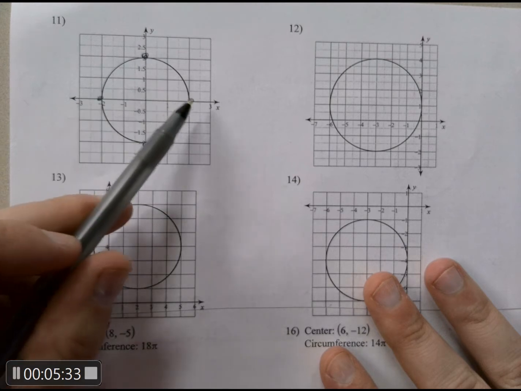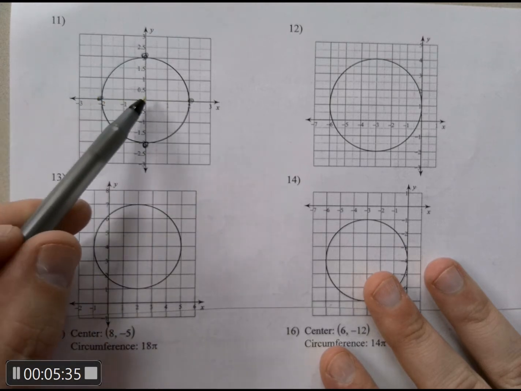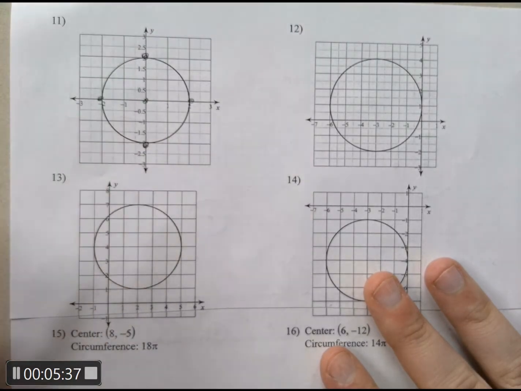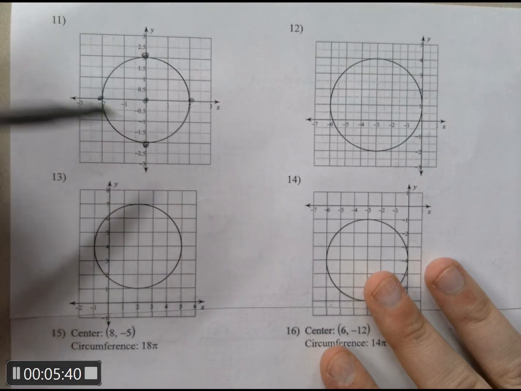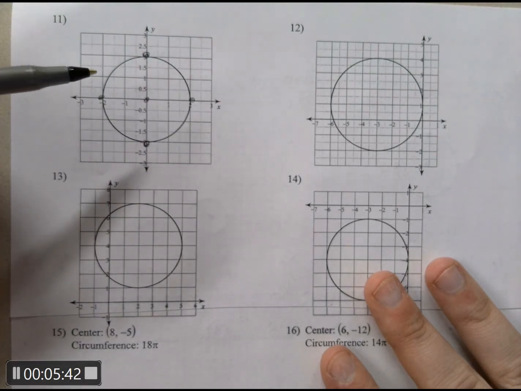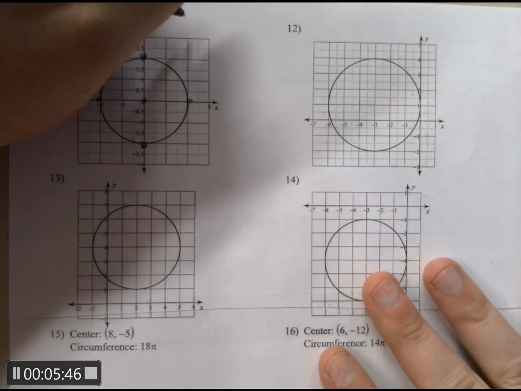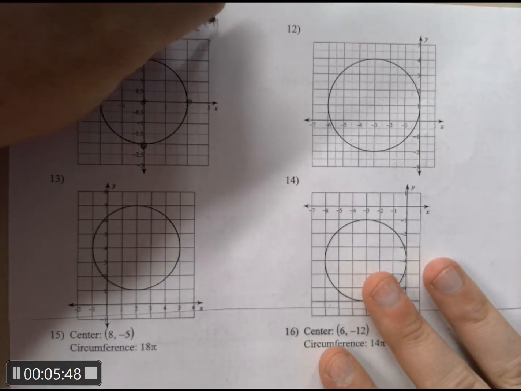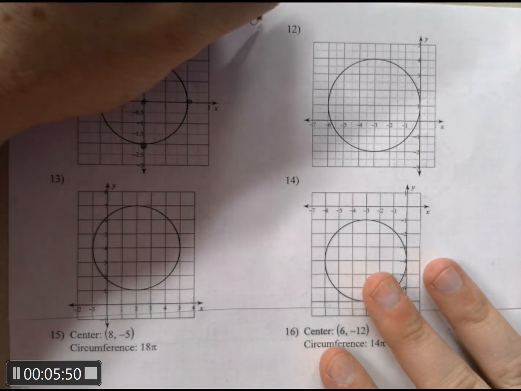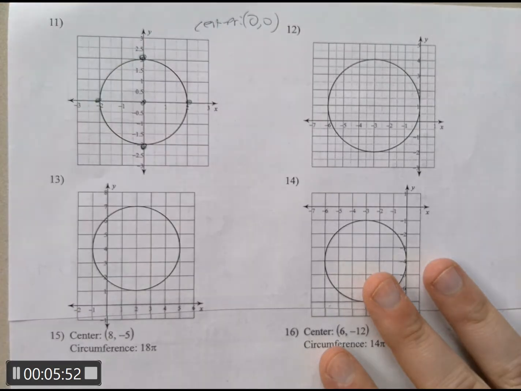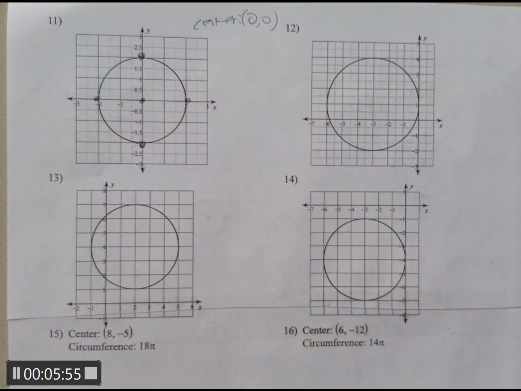So the middle between this -2 and this 2 comes to right here. The middle between the 2 and the -2 also comes to right here. So that made sure, 2 ways, that I found the middle. All right? So my center, or my middle, is 0, 0.